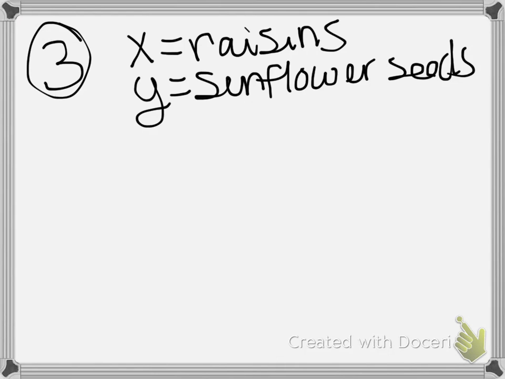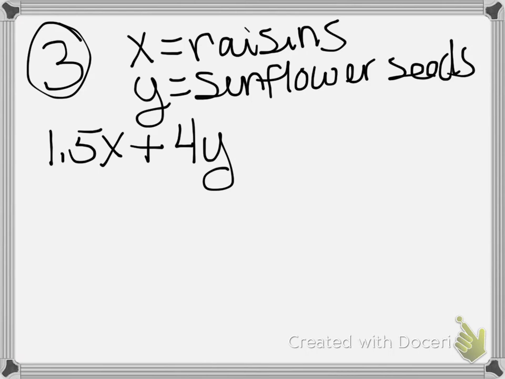So I would say, because we have a total of $34, that we're looking for standard form. So it's $1.50 per pound of raisins, so that would be 1.5x. And then it's $4 per pound of sunflower seeds, 4y. And total, that gives me $34. So I put all the money into that one equation.